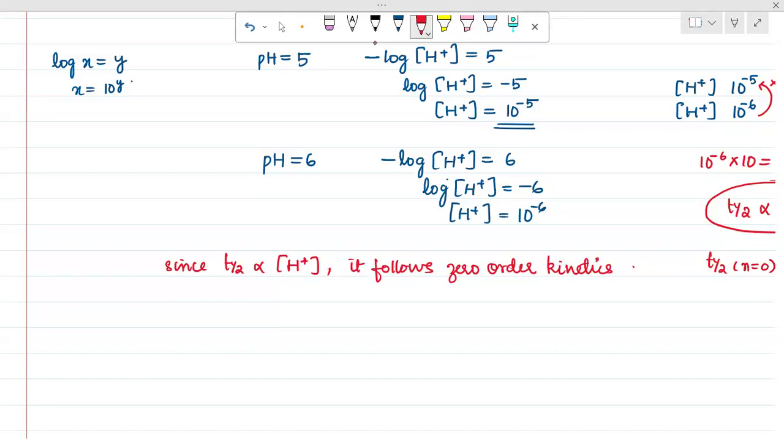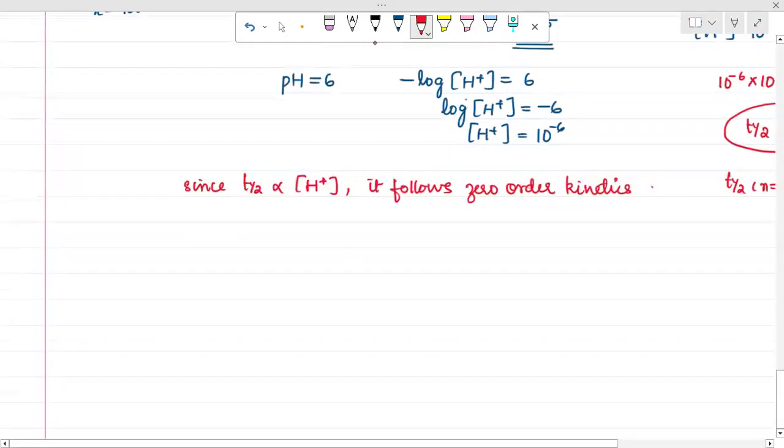All right. Now we'll practice a few questions and then we'll wind up. Very easy peasy questions. Let's try. Question number 21.